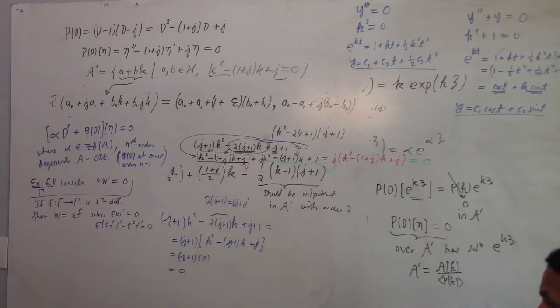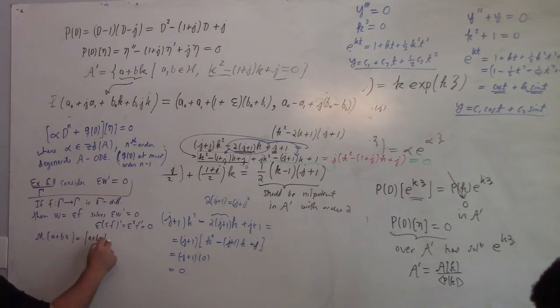And if you want to know what that means, remember the matrix representation, a plus b epsilon, epsilon times a plus b epsilon, and epsilon squared is 0.